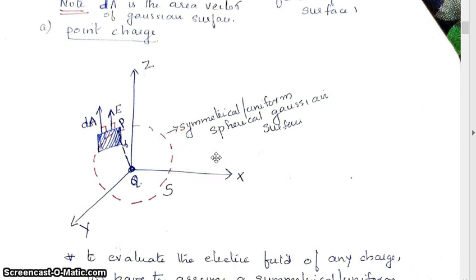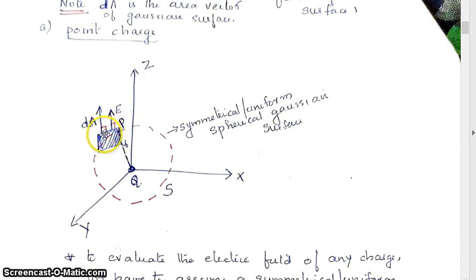Then since the Gaussian sphere we are drawing is symmetrical, the charge distribution will be uniform around this point. That is also very important to be kept in your mind. We are choosing a uniform or a symmetric sphere, hence in this small area the charge distribution will be uniform.